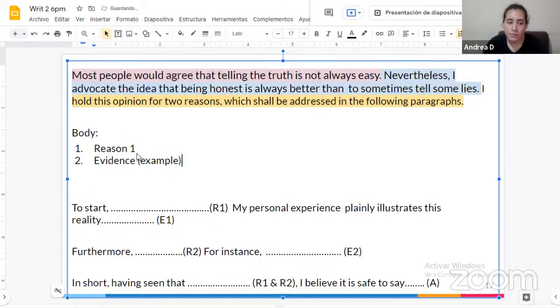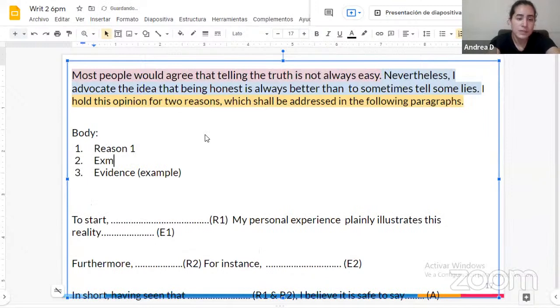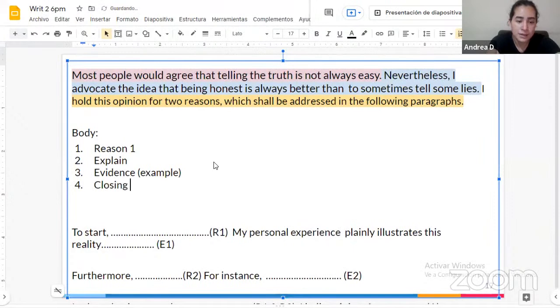Now, if you want to go farther, you can also add 2 more sentences. After you explain the reason and after the evidence, you can have a closing idea or a closing argument. Okay, so that's what we're gonna do.